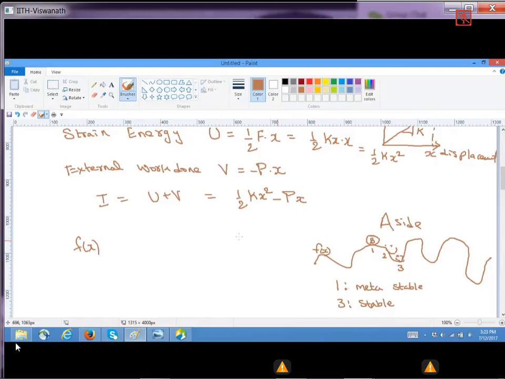The locus of this curve is defined as f of x, or if I want to write it in its neighborhood, I can write it as f of x plus f dash x into h by 1 factorial plus f double dash x into h square by 2 factorial plus order of h cube.